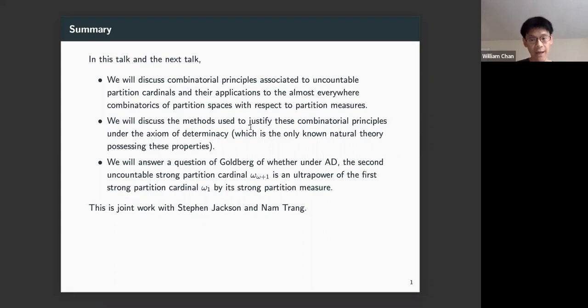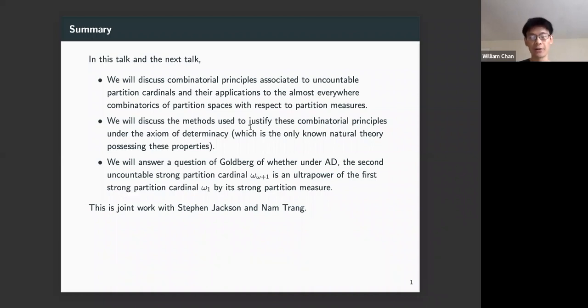But overall, the aim is towards answering this question of Gabriel Goldberg from a few years ago, which I'll state roughly as: under AD, is the first strong partition cardinal, which happens to be omega 1, whether the second strong partition cardinal, which happens to be omega sub omega plus 1, can be generated from the first strong partition cardinal by a strong partition measure.